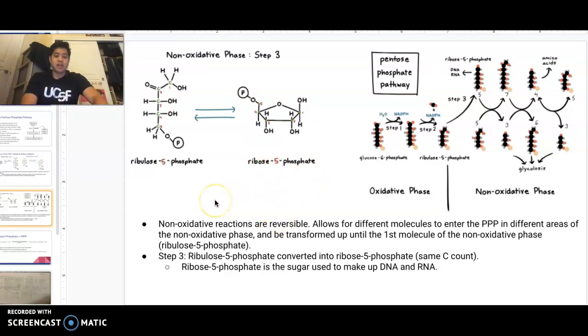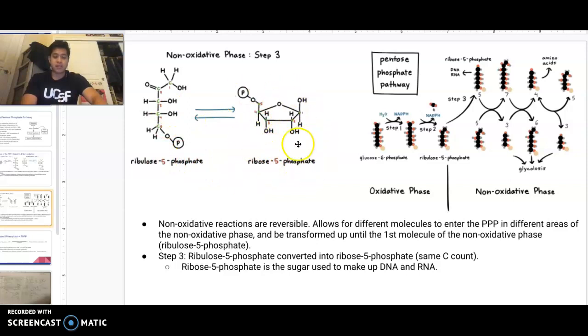That basically just means that these reactions are all reversible, and it allows for different molecules to enter the PPP in different areas of the non-oxidative phase, and they can be transformed up until the first molecule of the non-oxidative phase, which was the ribulose 5-phosphate that I mentioned earlier. In the third step, the ribulose 5-phosphate is converted into ribose 5-phosphate, and notice that they have the same carbon count.